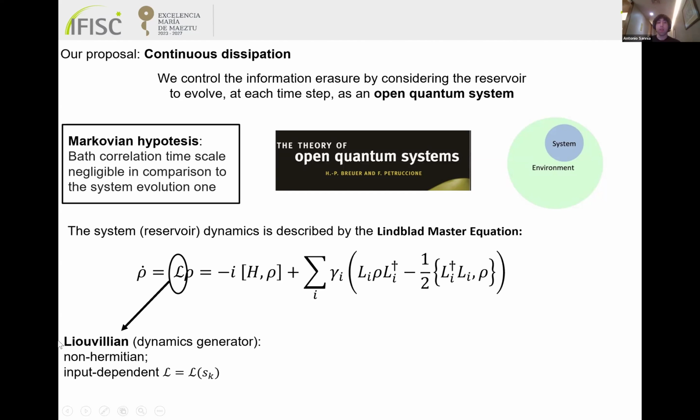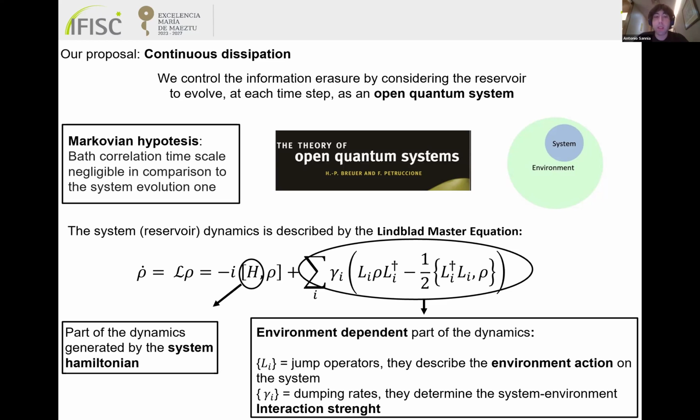Also, this Liouvillian action is composed of these two terms. One is the Hamiltonian term, which is the system Hamiltonian. Then we have another term that describes the interaction that our system has with the external environment.